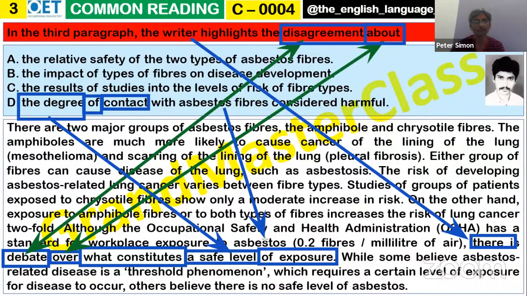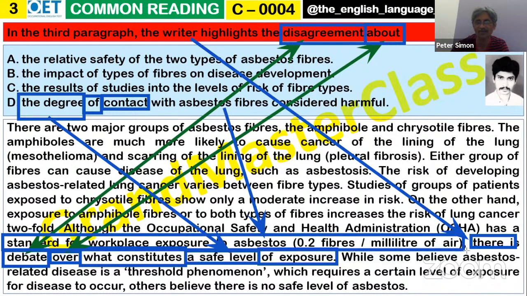That is 0.2 fibers per milliliter of air, a standard for workplace exposure. That is already told here. Standard for workplace exposure to asbestos.